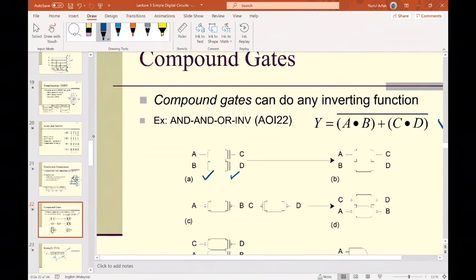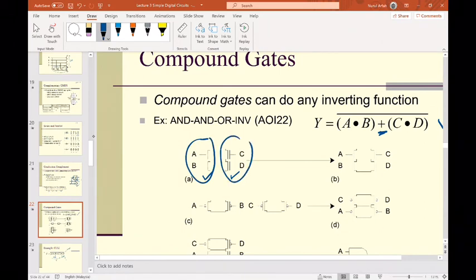The next step is look at the middle here. This is a plus sign. So what is a plus sign? An OR gate or AND gate? OR gate. Plus sign is OR gate. Yeah, very good. So what should you do? This side and this side should be combined with an OR gate.